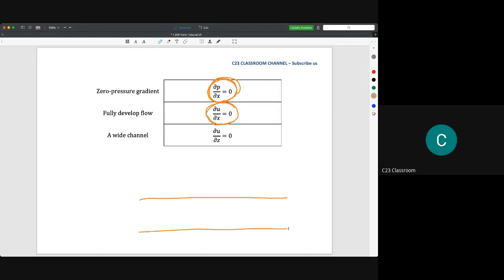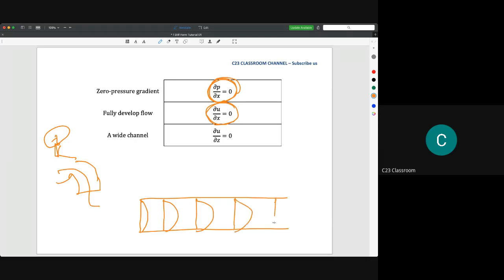Contohnya awak ada kepala pipe dekat sini, dan air mula mengalir masuk di dalam hose ataupun masuk di dalam pipe. So kita akan dapati bahawa velocity distribution dia akan semakin membesar, kerana dia baru nak develop.